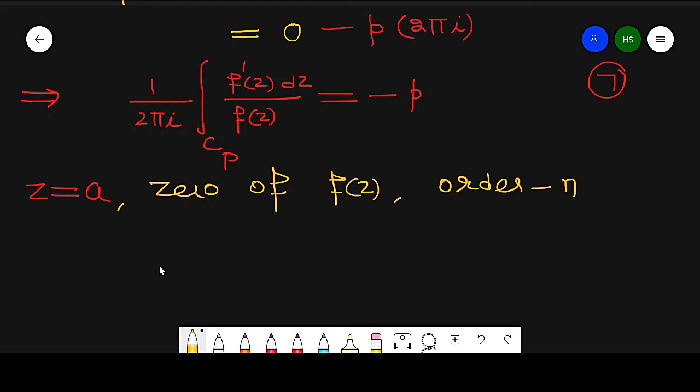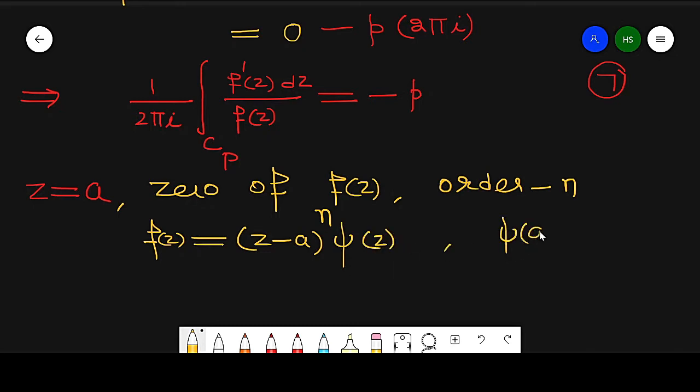It means this function f of z can be written as z minus a raised to power n into psi of z, where psi of a is non-zero.